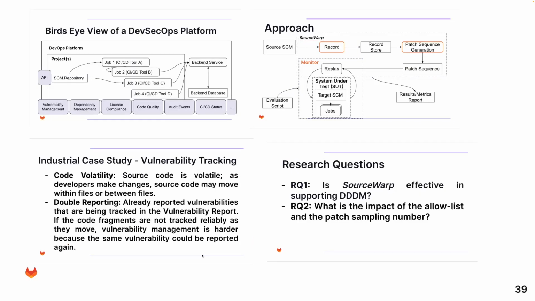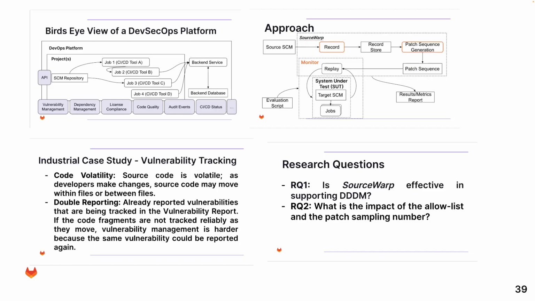As a summary, at the beginning we talked about the motivation, the context, and the reason why we built SourceWarp in the first place. We talked about the architecture of DevSecOps platforms, which are heterogeneous systems where it can be risky to integrate new features, and it is good to have a testing approach that enables you to get some preliminary data about a feature before deploying it.